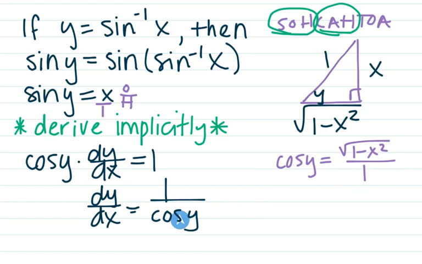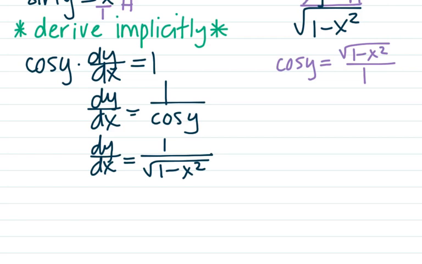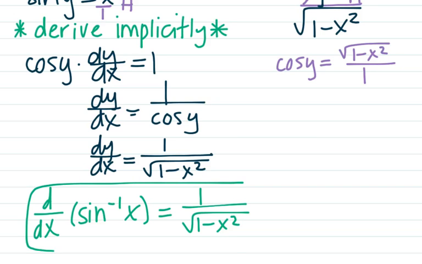We substitute that in over here, and we get dy dx equals 1 over the square root of 1 minus x squared. Therefore, the derivative of the inverse of sine is 1 over square root of 1 minus x squared.